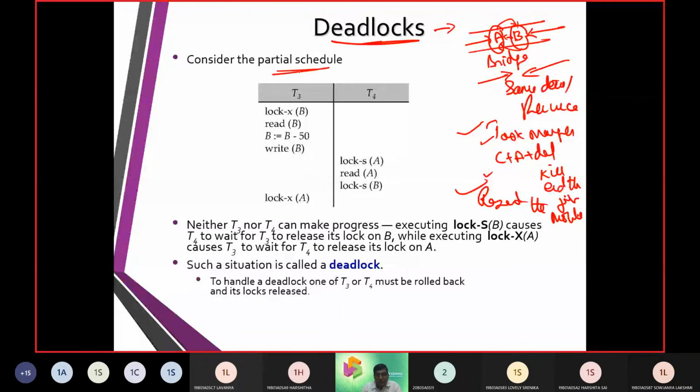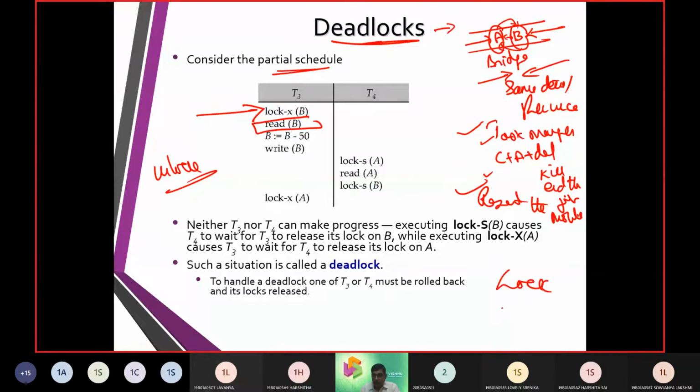So we talked about a partial schedule. Let us look into this. Before a device is taken up, first we need to give a lock, and once the operation has been done, we have to unlock. When it is unlocked, other people can use the content.